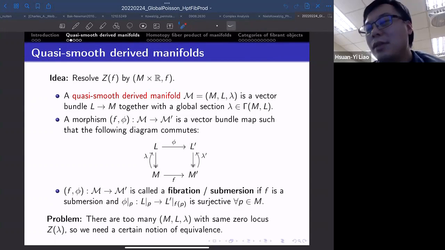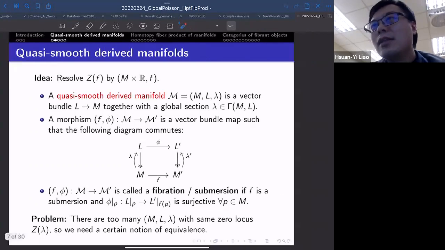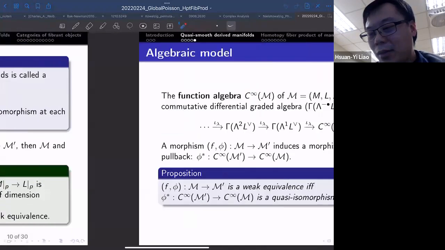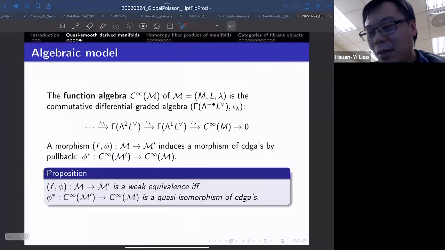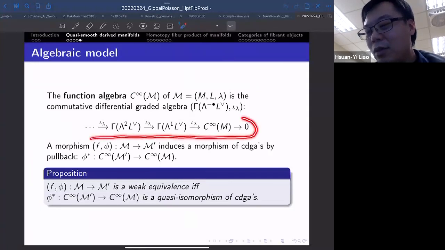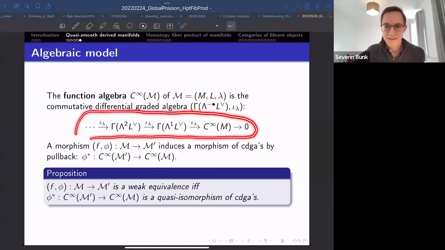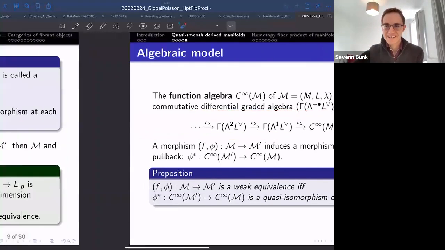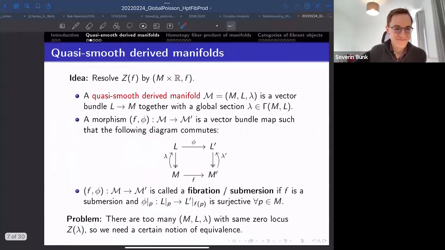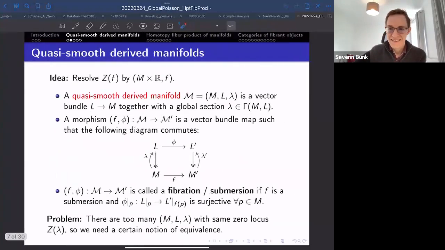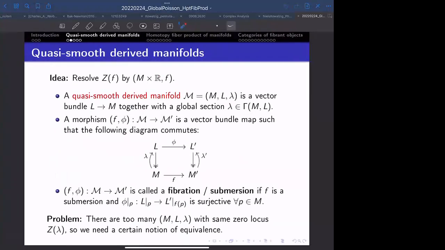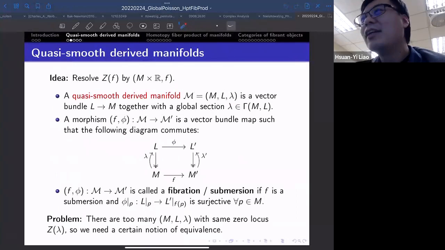So you want to see a chain complex? I'm not sure if this is what you are looking for. This kind of stuff. Okay, yeah. So then you're probably going to get to it. Okay, I'll wait. Thank you. Any other questions?